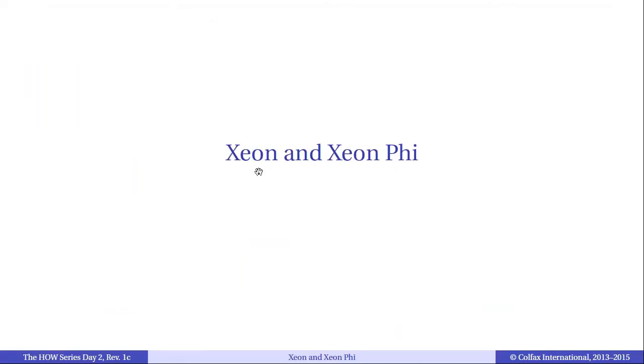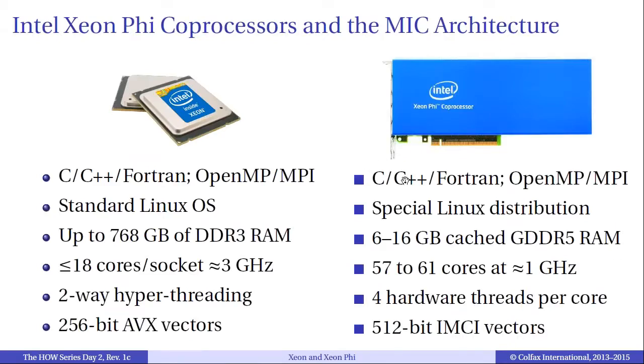But we are focusing on just 2 platforms, Intel Xeon processors and Xeon Phi coprocessors. So we are not actually talking about desktop processors such as Intel Core, i3, i5, i7, but the processor that we're focusing on is the enterprise-grade Intel Xeon CPU. And we are also talking about a specialized processor called Intel Xeon Phi coprocessor.